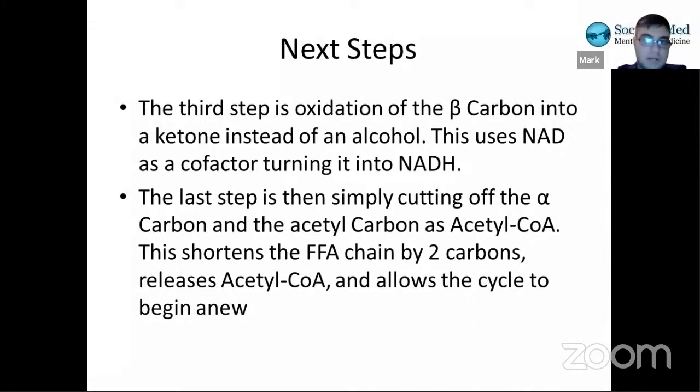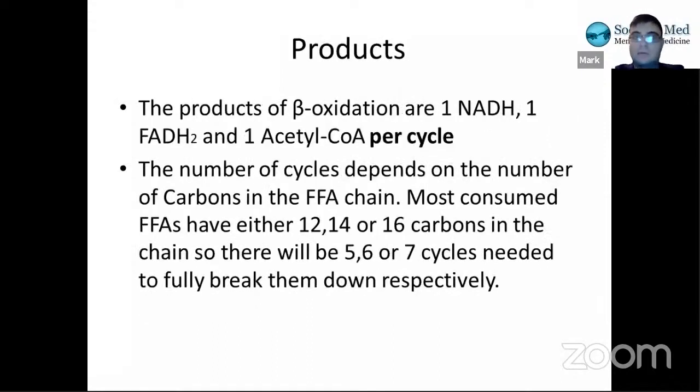Again, we can run through this cycle again because we now have another fatty acid. We started off with, say, a 16-carbon fatty acid. Now we have a 14-carbon fatty acid plus acetyl-CoA. And we can now start again with the 14-carbon fatty acid and go through another cycle. Repeat all of the steps again.